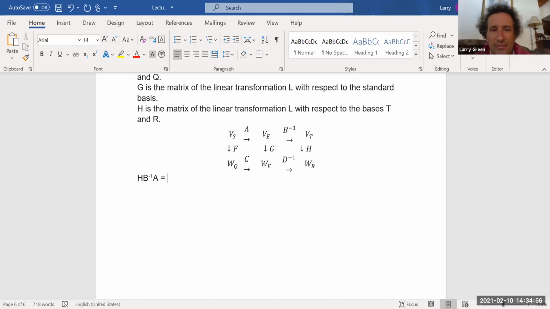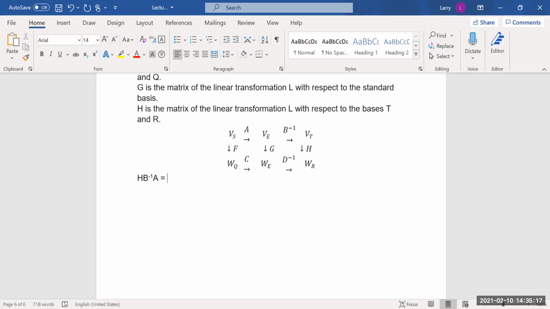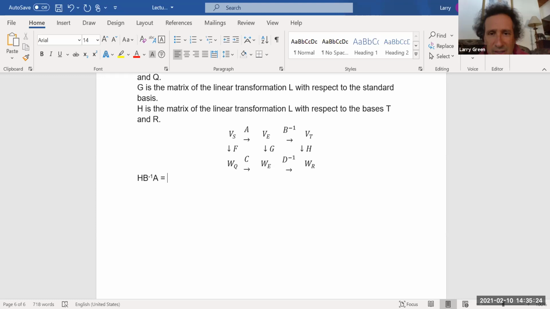Any thoughts? Because you said there were lots of choices. What's another choice? H D inverse A?